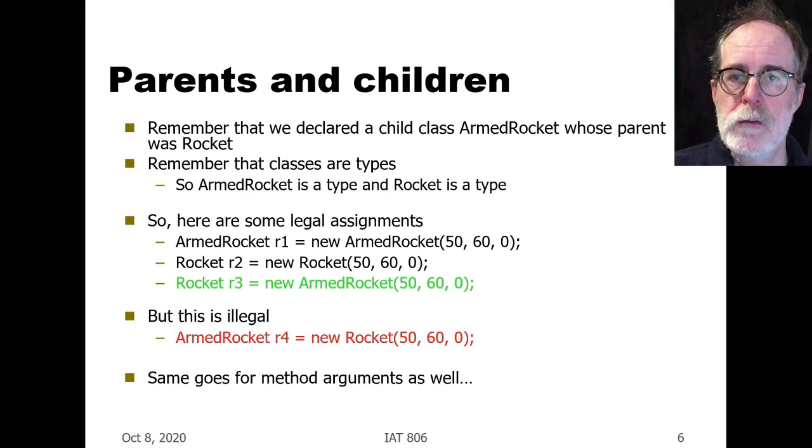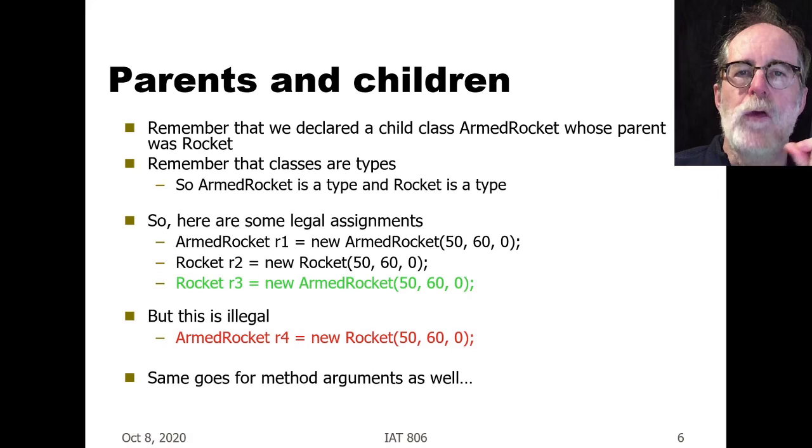So that's interesting, and this is one of the features of Java programming: you can assign to variables of the parent type instances of a child class. ArmedRocket is a child class of Rocket because ArmedRocket extends Rocket.